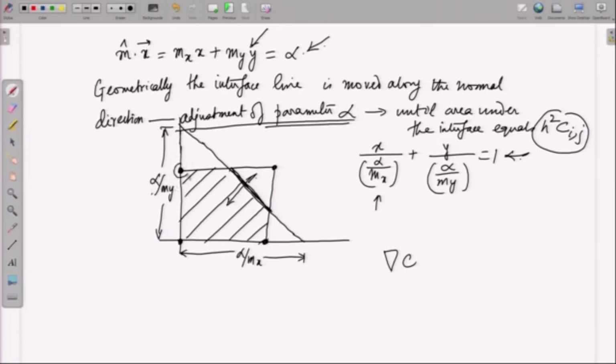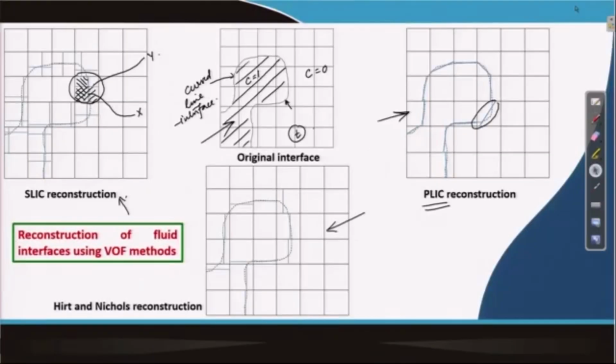For example, a C over here will be influenced by a cell here, by a cell here, this cell and this cell, and likewise, and therefore, gradient of C can be more accurately calculated. So, accurate calculation of the gradient is very, very important, because that decides the accuracy of the direction of the unit normal vector. So, we will discuss more on advection of fluid interfaces in the subsequent lecture. Thank you.